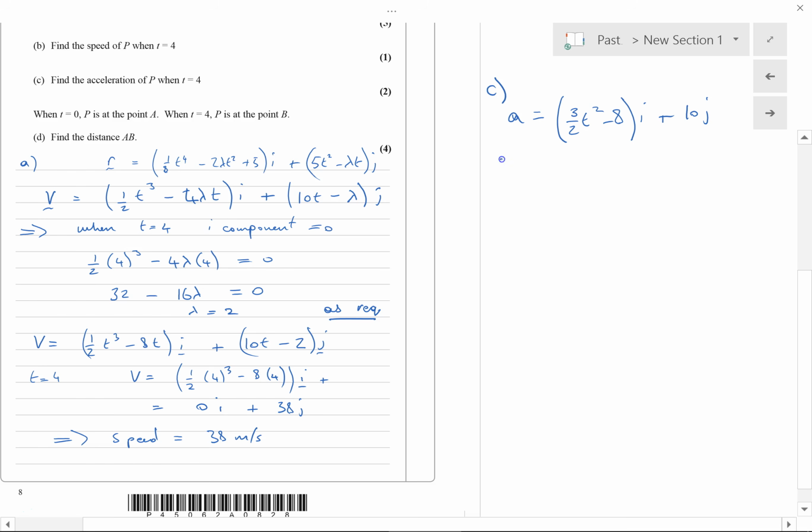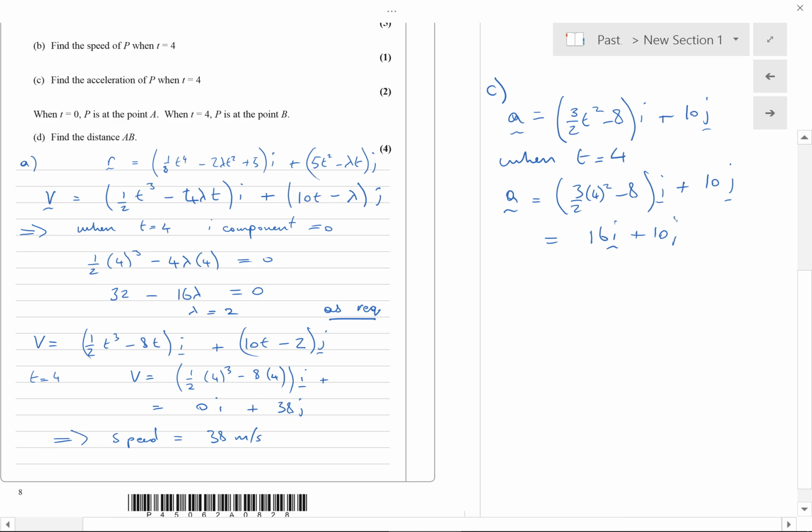So when t equals 4, I have acceleration is equal to (3/2 times 4 squared minus 8)i plus 10j. So that gives me 16i plus 10j.